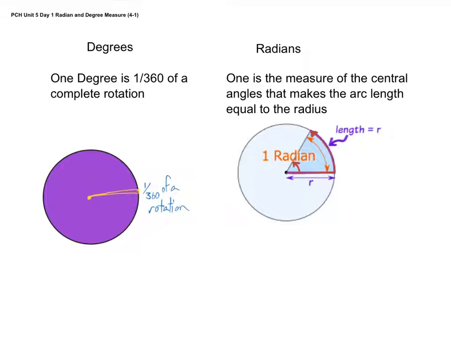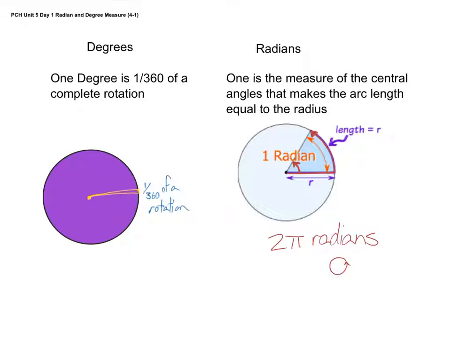But a full circle is 2 pi radians. Okay? Do not put the degree symbol when you're talking about radians. Alright? We just call them radians. They're not 2 pi degrees radians. That doesn't make any sense. Alright? So 2 pi radians is a complete circle.